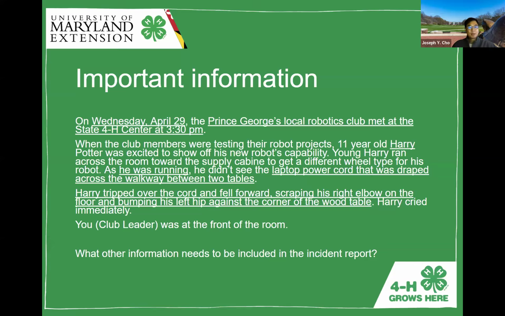And as you mentioned, where you were as the club leader when this incident occurred is also important. What other information should have been included in this incident report? Who witnessed the incident? Witness is very important, as Chris has mentioned. Correct. What other information do you think?